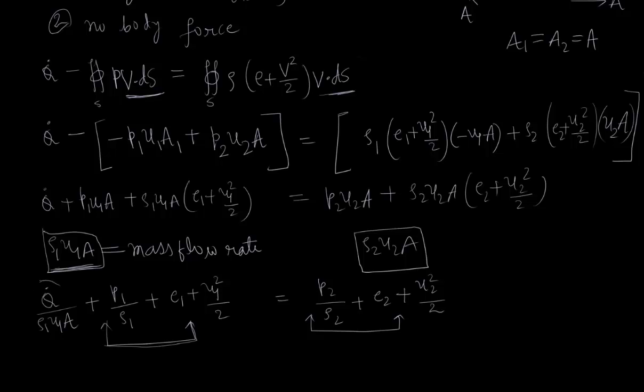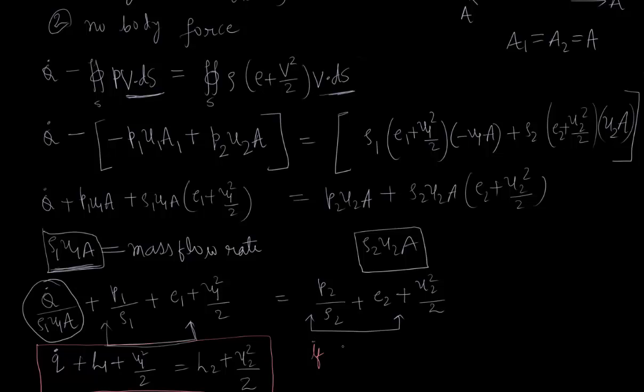So Q dot by mass flow rate will give us the rate of heat transfer per unit mass flow rate plus H1 plus U1 square by 2 equal to H2 plus U2 square by 2. This equation is the final energy equation.